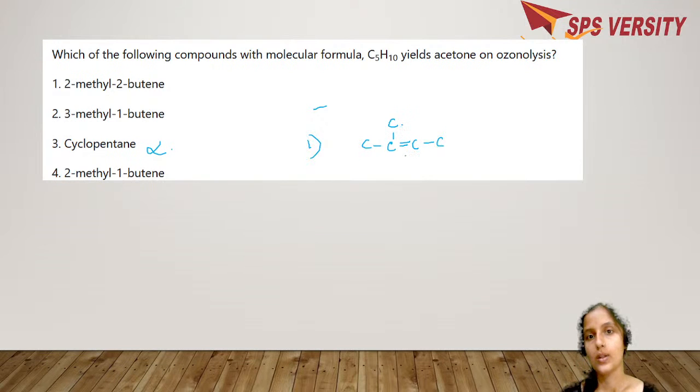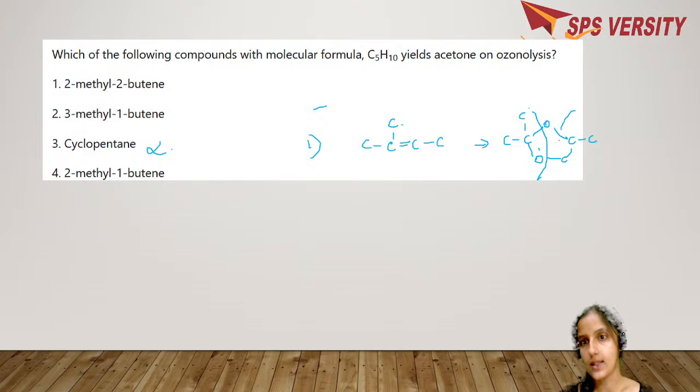So when you do the ozonolysis, what is it that you should get, acetone? So when you do the ozonolysis, you add ozone like this. Ozone gets added over here. Then you break the bond like this. And what you are going to get? Can you see this?